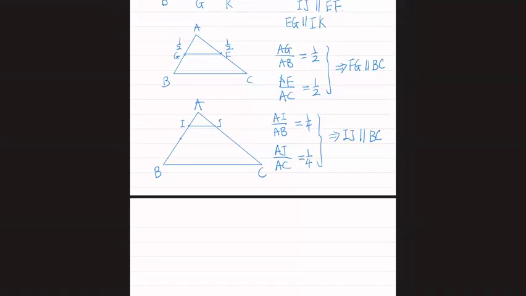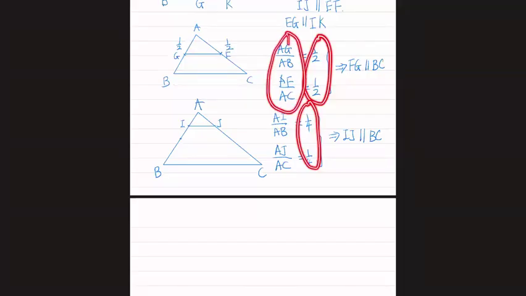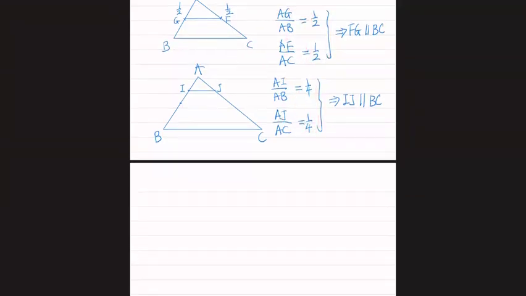So the generalization is no matter what this number is, as long as the ratios are the same, then the lines will be parallel.